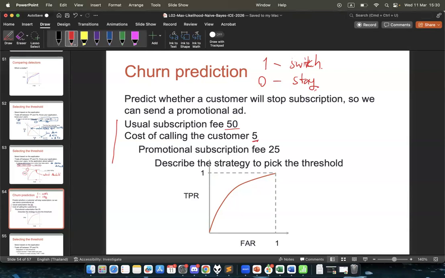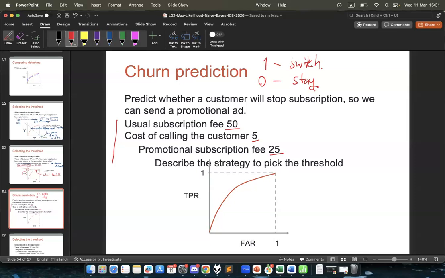The operator cost is 5 baht, and I will offer him a promotion with a fee of 25 baht. Now the question is, can you help me derive a strategy to pick the threshold in this setting?